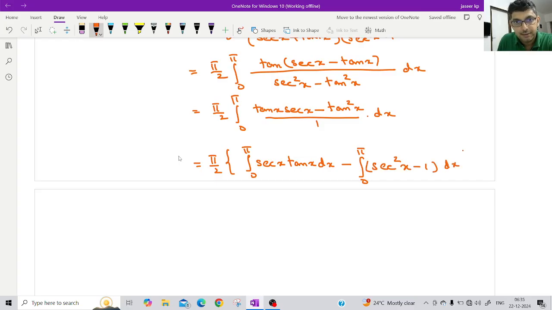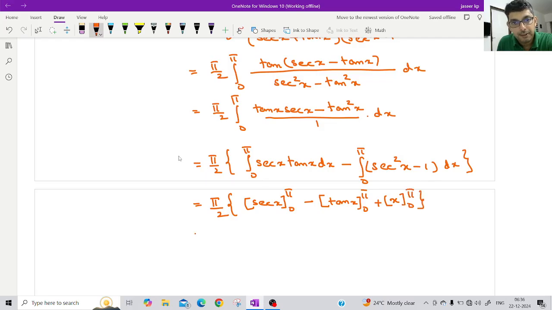So that means pi by 2, integral of secant x tan x is secant x from 0 to pi, minus secant square x integral is tan x from 0 to pi. Minus of minus 1 is plus 1, so integral will be x from 0 to pi.